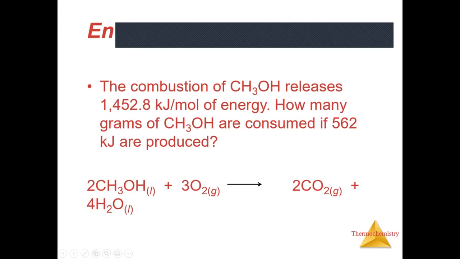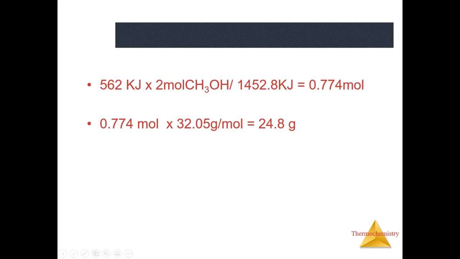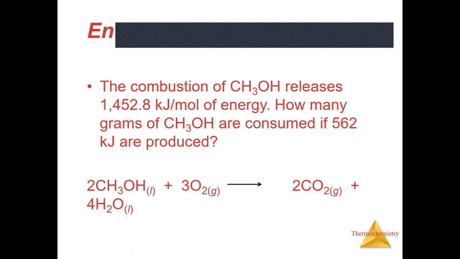Does that make sense to you guys? Yes. So if I do this out, that means I have 0.774 moles. I simply multiply that by the molecular weight. I need 24.8 grams of methanol to produce 562 kilojoules of energy.